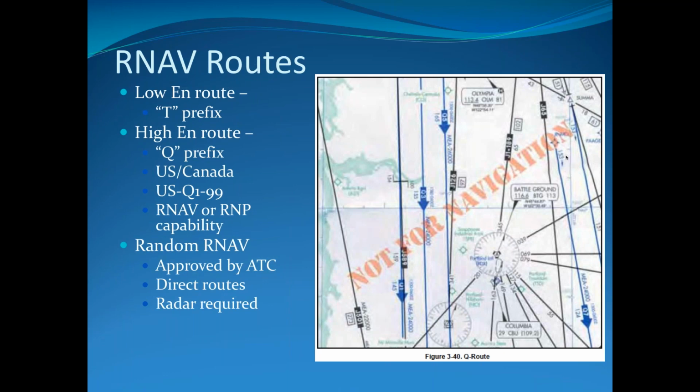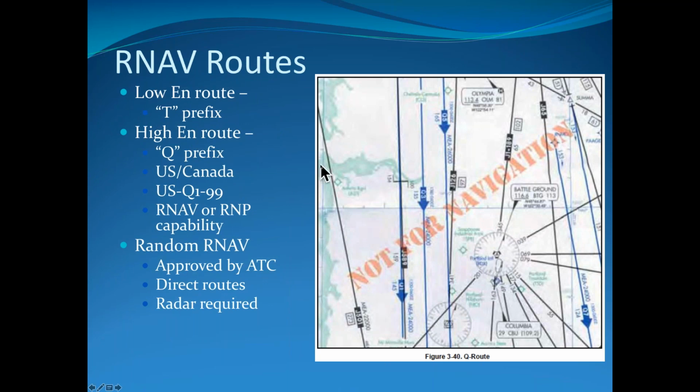Those are waypoints, GPS waypoints, and so they will navigate from GPS waypoint to GPS waypoint. And those routes that get them from each one of those waypoints is called, for the low charts, a T route, and for the high charts, a Q route.